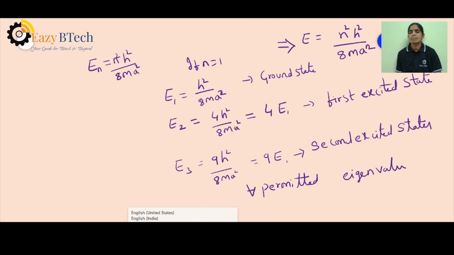The value you get is simply called the eigenvalue. For every permitted energy, we call that energy level as possessing an eigenvalue. And this n represents the principal quantum number. This is about eigenvalues or energy of a particle in a one-dimensional box.